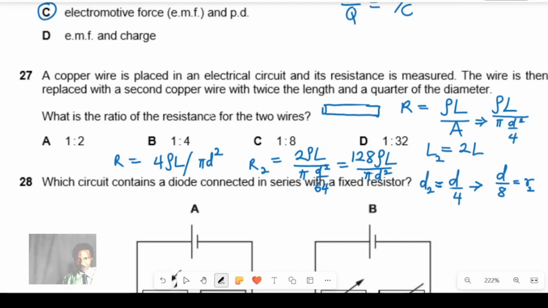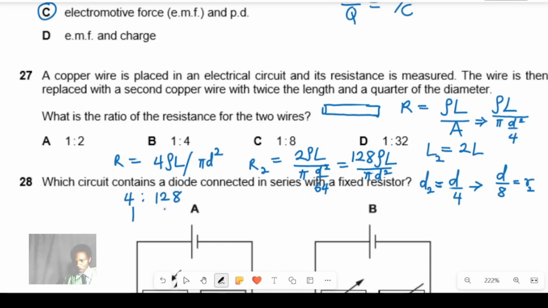What is the ratio of the resistance of the two wires? Wire 1 to wire 2 is going to be 4 to 128.